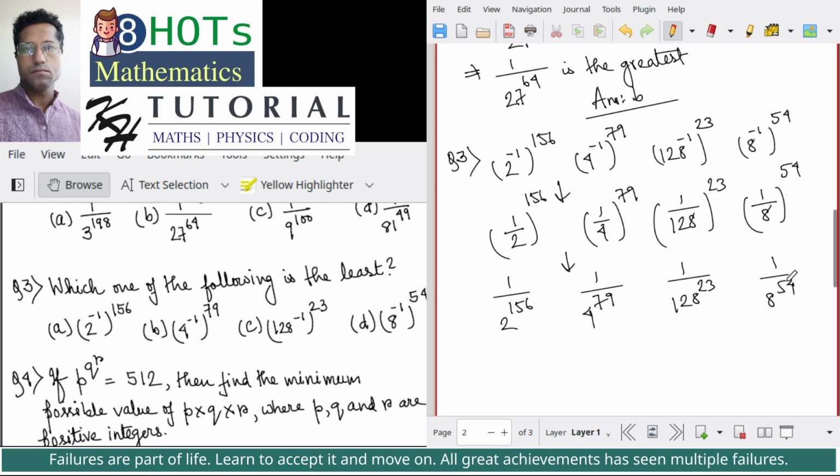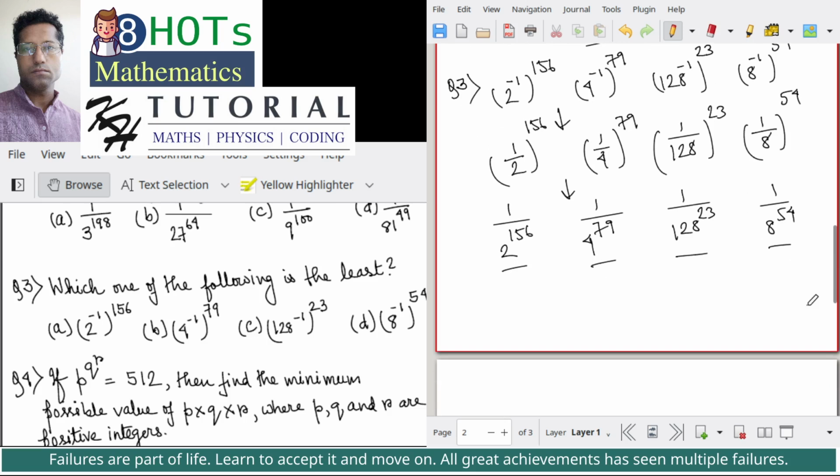The problem is asking which one of the following is the least. Now to find the least number among these, I will find the greatest of all the denominators. Whichever number has the greatest denominator will be the least number.